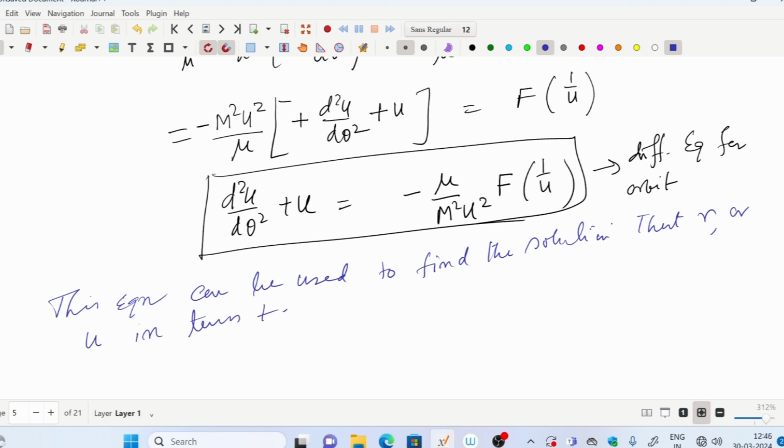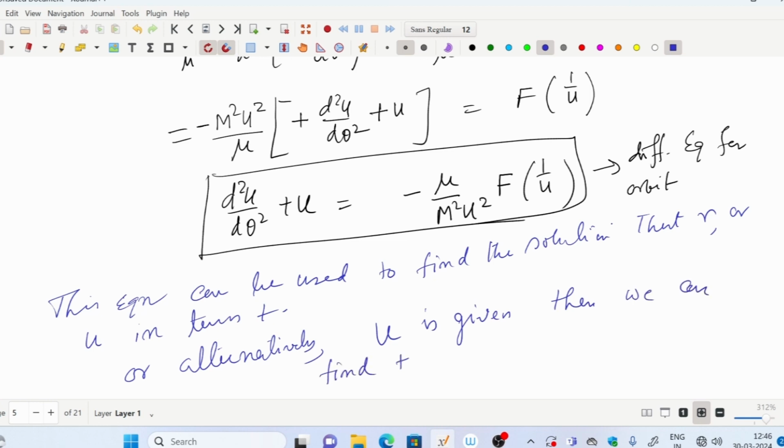This is the solution, or alternatively, if I have u given, then we can find the force law. Okay. So both ways this equation is important.